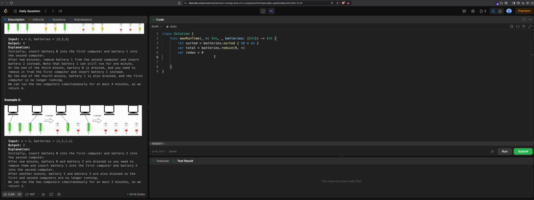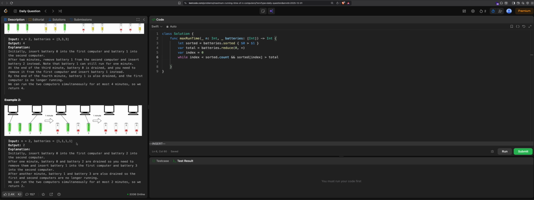That will be a while loop where our index is less than the length of the sorted array. What I'm going to do here is compare each largest battery inside the sorted array with the total. Total means the total amount of battery power.